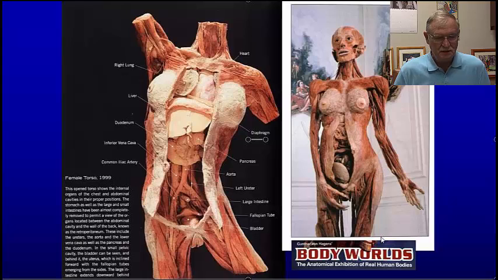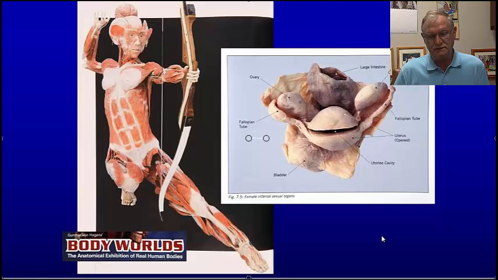Here in Body Worlds, we can see the different components of the female reproductive system because they don't only have to produce gametes, but they also have to have a developing embryo all the way up to birth, and then have to nourish the offspring and recycle again when it's all done. And here we can see again in Body Worlds the ovaries, the uterus. You can see the large intestine there.